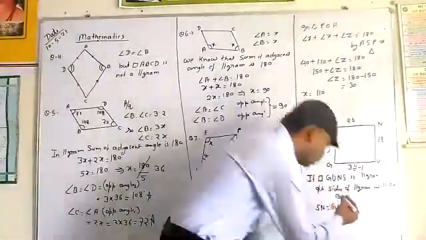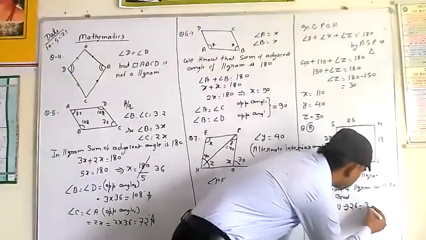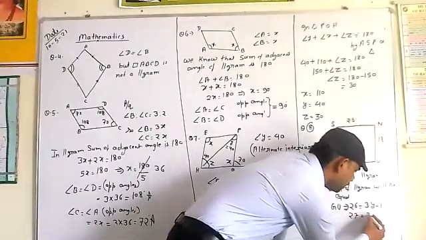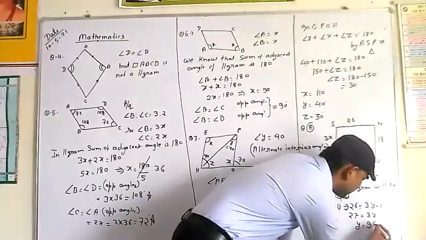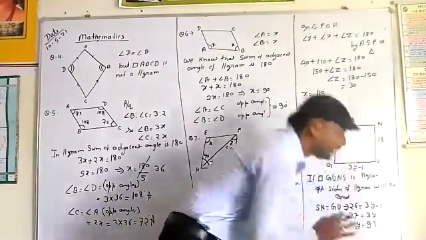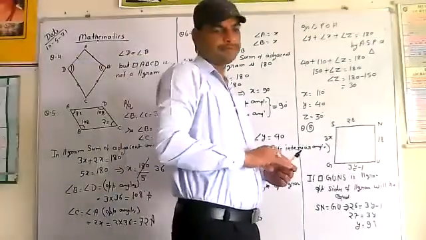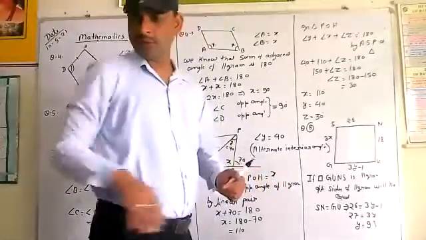SN is equal to 26 and GU is equal to 3y minus 1. 27 is equal to 3y. y is equal to 9. The value of y is 9. Now students, here again next one.